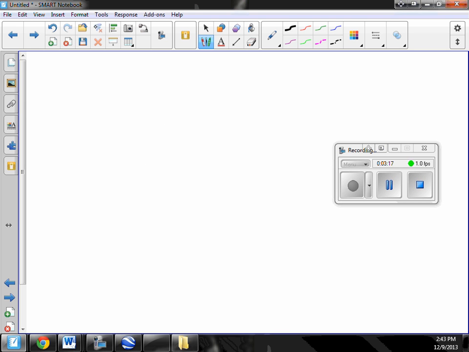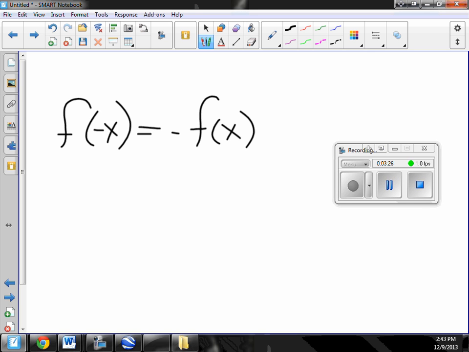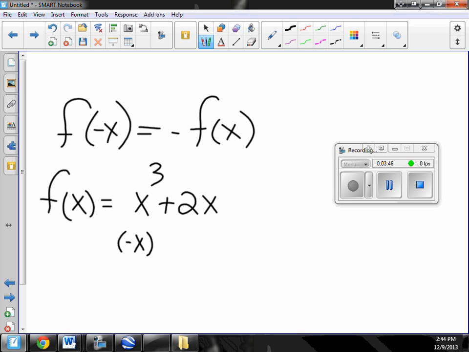For an odd function, f of negative x is exactly the same thing as negative f of x. For instance, if my function is x to the third plus 2x, if I change the sign on the x's, I have negative x to the third plus 2 times negative x.